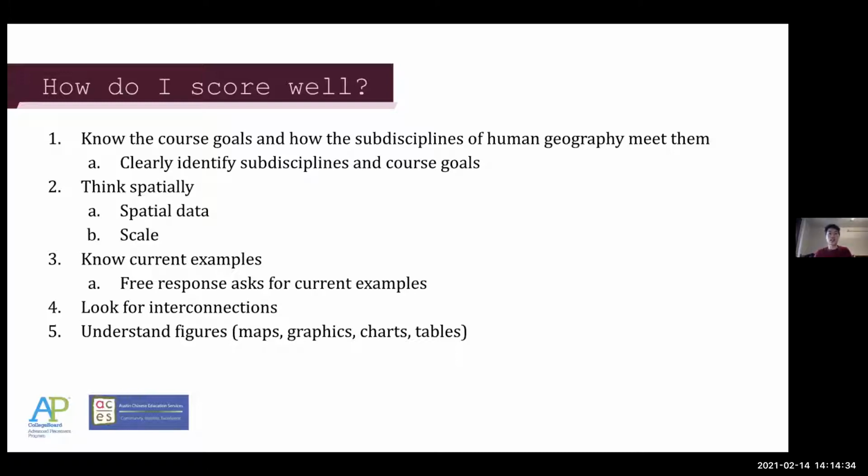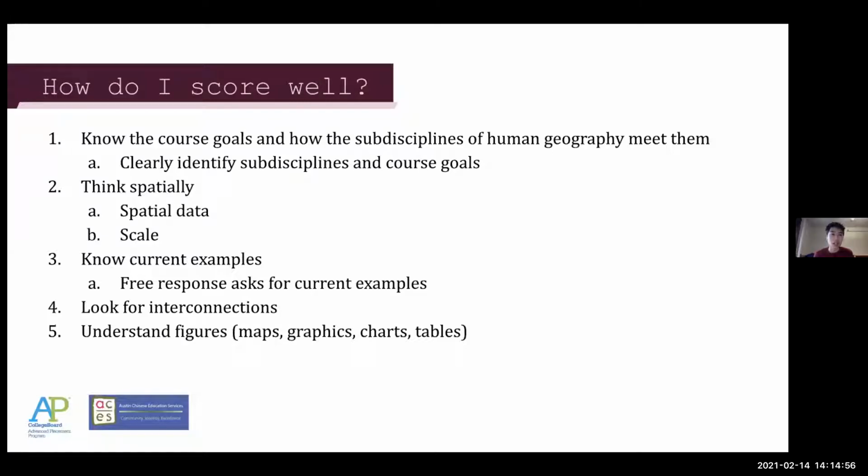The second, less obvious part of how you score well is to think spatially. That means applying a spatial analytic to all of the sub-disciplines and all of the concepts that you learn in the class. And hopefully your teachers will emphasize the spatial analytic portion because it's one of the key components of thinking like a geographer.